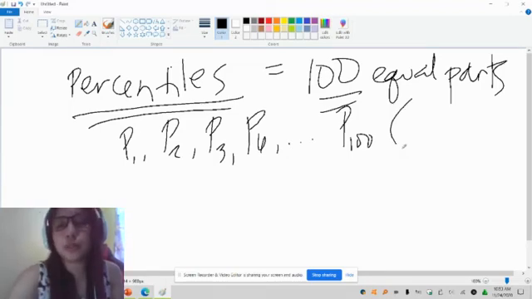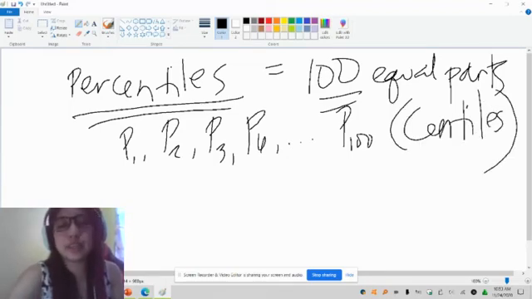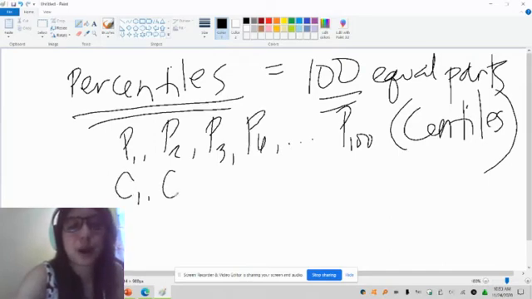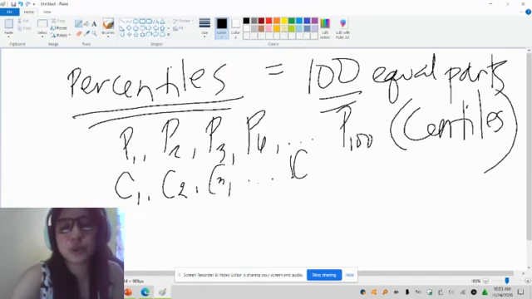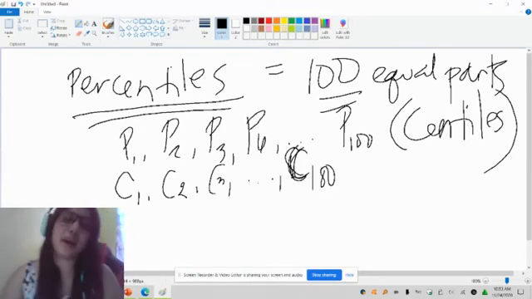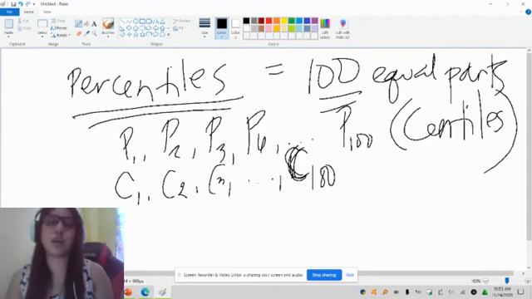Percentiles are also termed as centiles. So if you see the symbols C sub 1, C sub 2, C sub 3, or C sub 100, of course, this also refers to the percentiles. And we are very much familiar with percent: 1 means 1%, 2 means 2%, 3 means 3%, and so on and so forth.